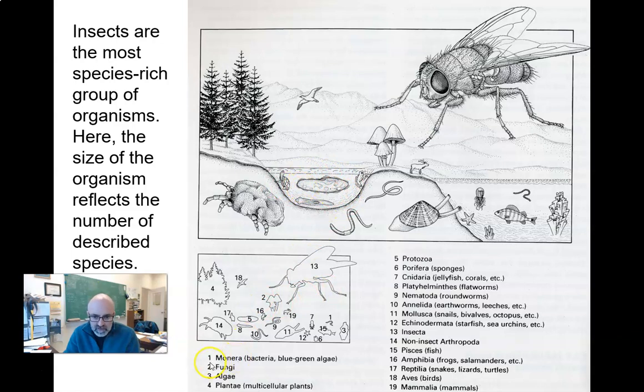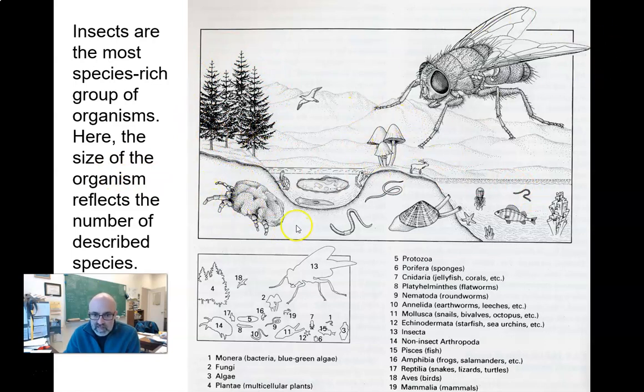Monera, this is a funny one. This is the really old kingdom that includes all of the archaeans and bacteria. But regardless, it's pretty amazing to me that all of the bacteria that are known and described only are this big, or were this big when this book was published. All the plants, really, just this big. All of the fungi.